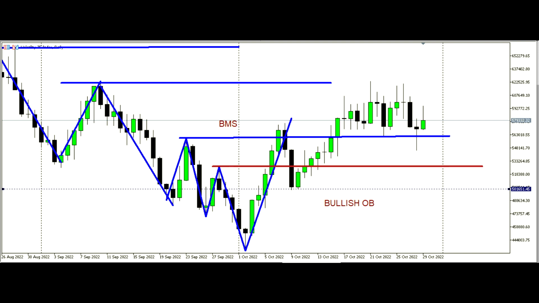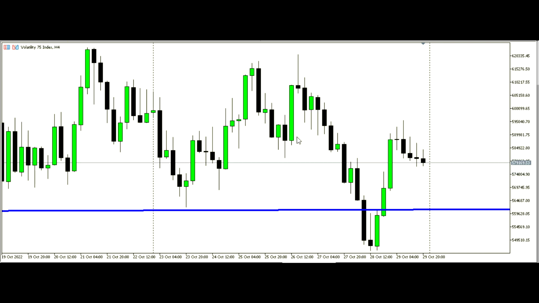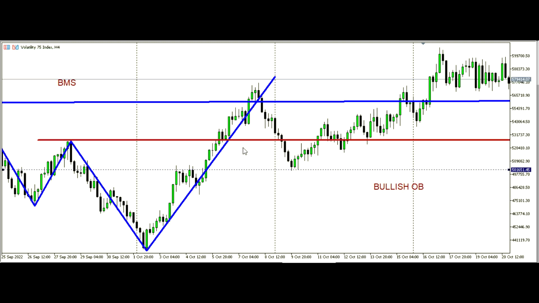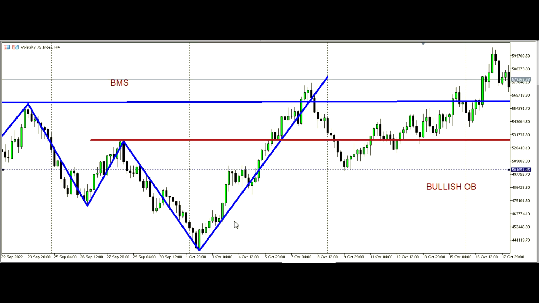All right, so now let's go to the 4-hour time frame. On the 4-hour time frame, what do we find? Where were we? Okay, so we saw that there was a breaking structure here. Price rallied up. Now price is trading back down. Necessarily, where are we expecting price to trade?